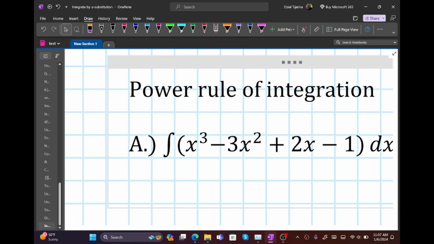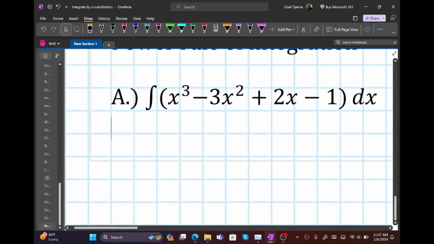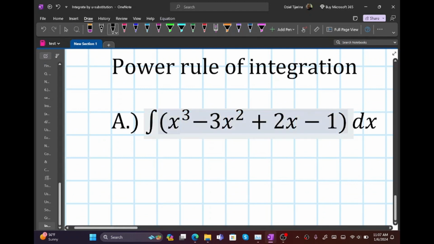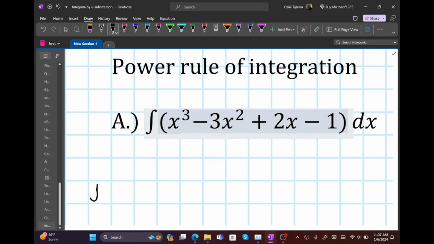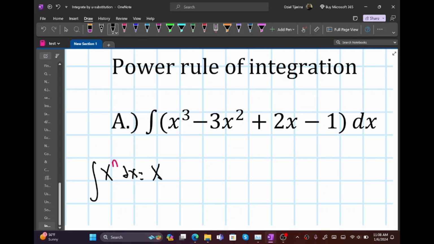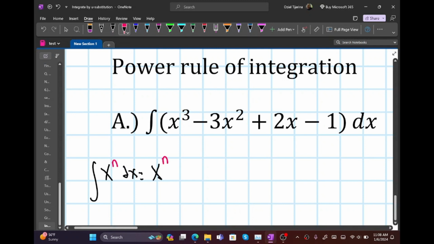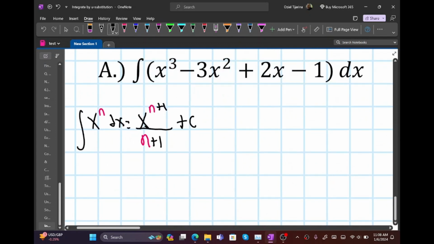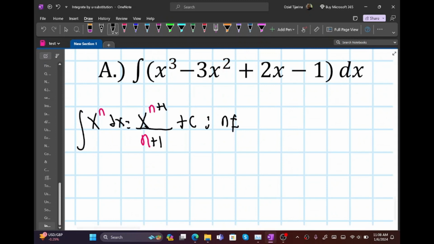Okay, so this first one, I'm gonna go ahead and first show y'all what the power rule of integration says. We want to say that the integral of x raised to some power n is x to the n plus 1 over n plus 1, plus a constant of integration c, such that n does not equal -1.